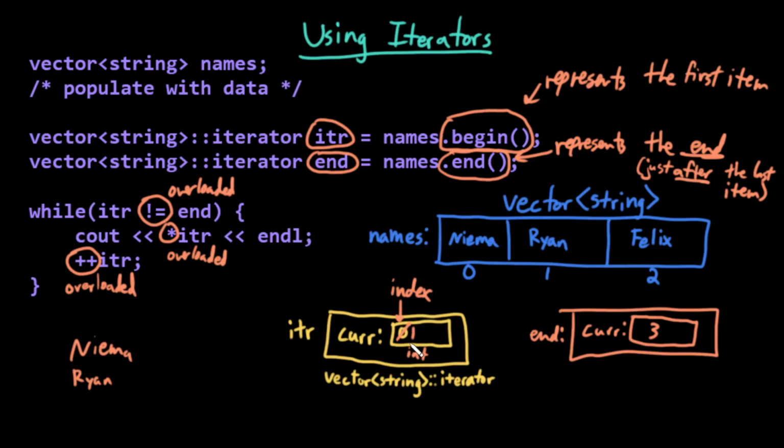Then increment my iterator. It's overloaded to just increment my current index. They're not equal. Dereference, so get the value at index 2, which is Felix. Increment. Now iter, which has a current index of 3, is equal to end, so my loop terminates.